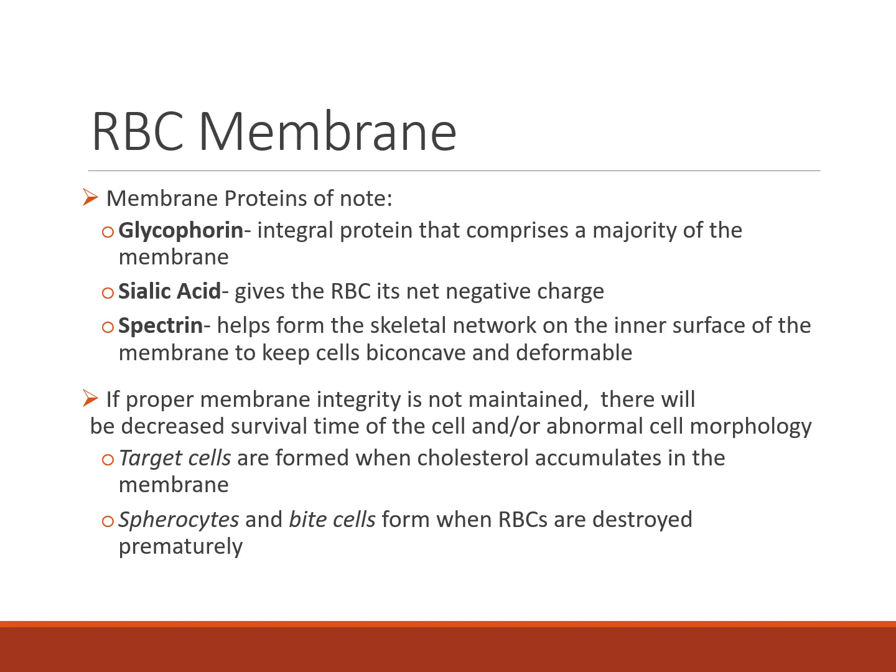For example, if we have a denaturation of hemoglobin, and we have something like those Heinz body inclusions, they might get temporarily caught up in the splenic cords, and they might have a bite taken out of them by one of those macrophages that are resident there in the spleen. We call them bite cells, because it literally looks like somebody took a bite out of those cells and removed that Heinz body from the cell.